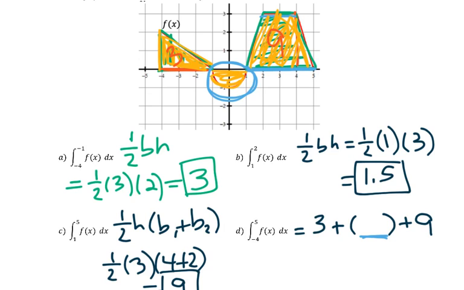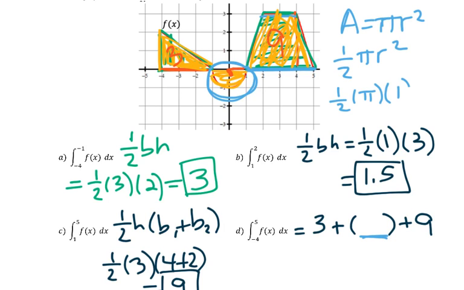The area of a circle is pi r squared, right? And because it's only half a circle, we're going to take half of that. If I'm looking at this semicircle, what is the radius? Well, the radius, if this is the center, is 1. So this is the same thing as 1/2 times pi times 1 squared. So that gives me pi over 2. So that's the last area that we need.